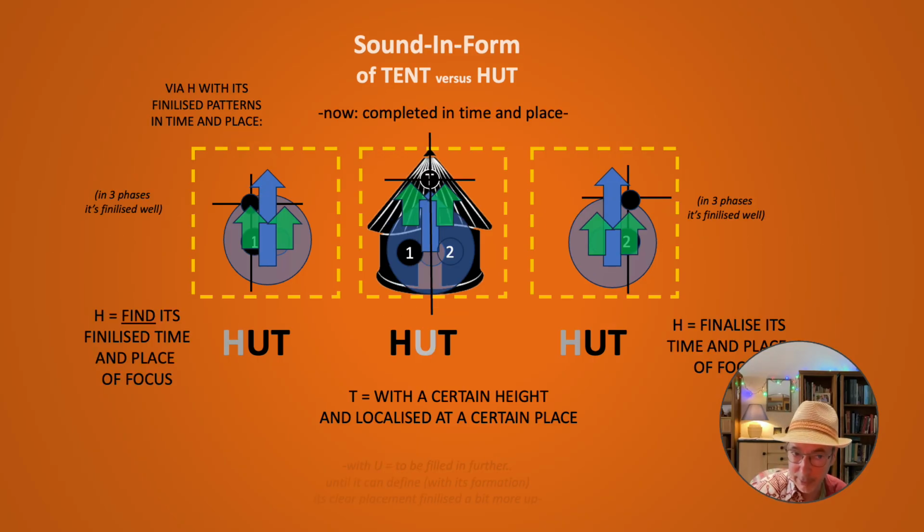Okay, this is interpretation already, but the H means it needs to be filled in. The T is a placement up, like the roof up a little bit, so the material will go up and it will have that incompleteness, so it will be filled in gradually. Like the roof, gradually you will go up, and that is describing it. It's a bit more difficult with hut, but it is describing it with a certain height.